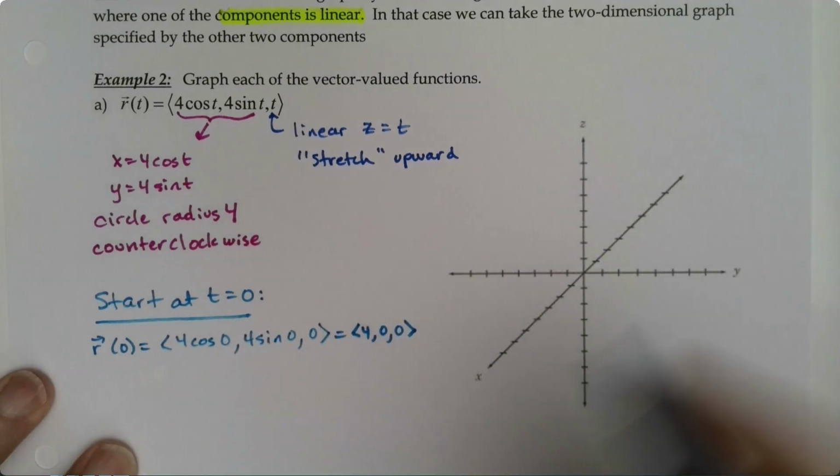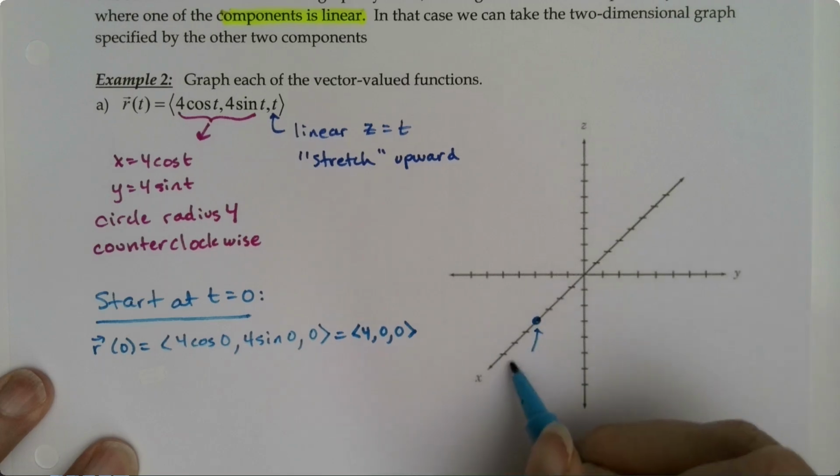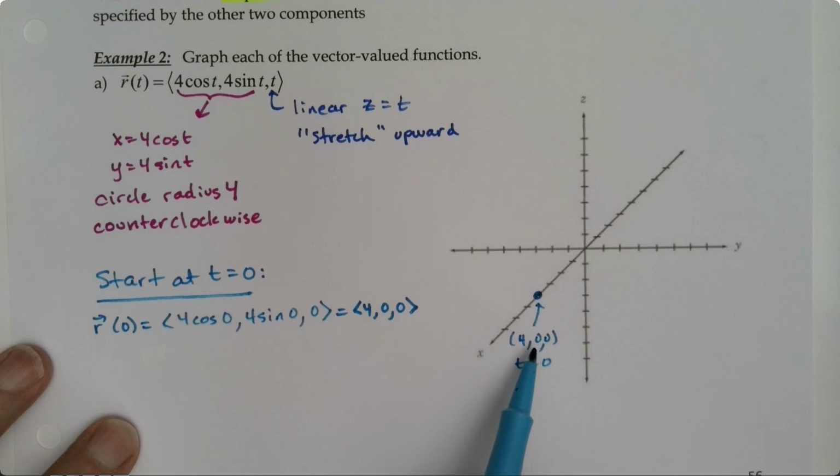Okay, well, I know where that is. 1, 2, 3, 4. It's right there. So that point right there is 4, 0, 0, which is when t equals 0. This, of course, is the vector. The vector points to that point.